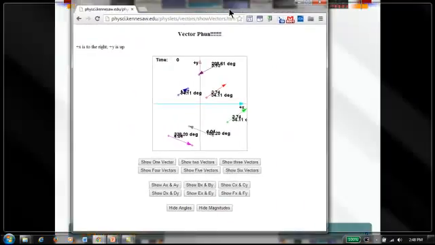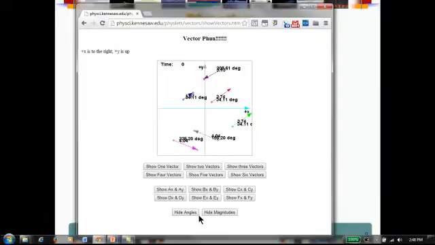Okay, going back to our simulation. Let me hide the magnitude. You look at the angles here. For example, this one is 34 degrees relative to the positive x. So if I put it here on the coordinate frames, that's our 34 degrees.